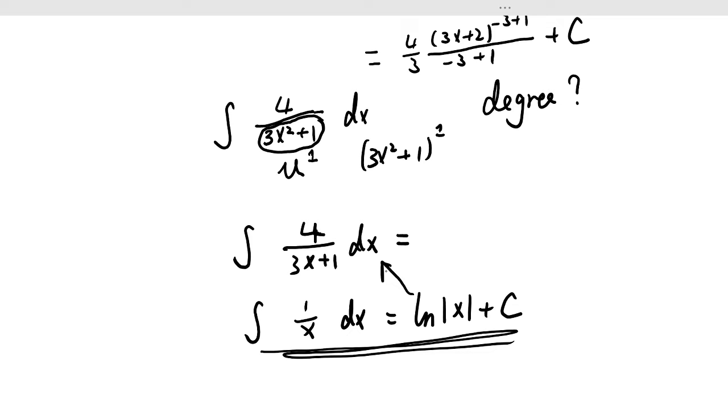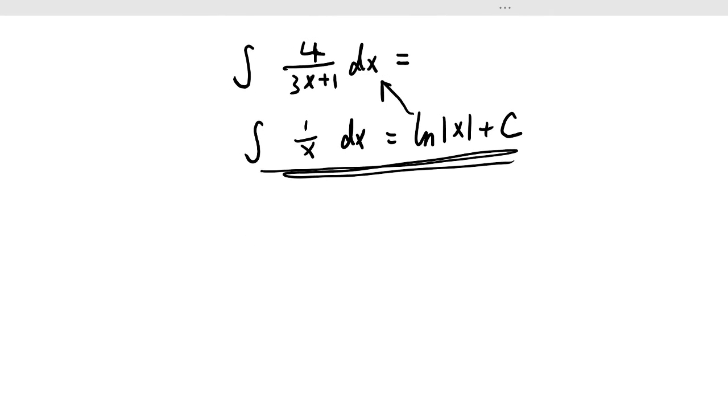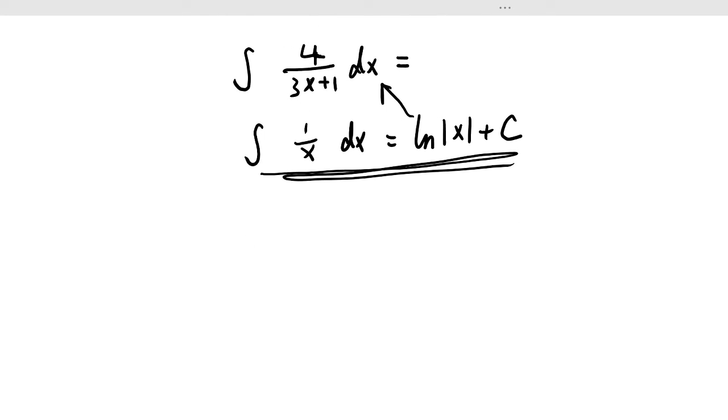So now we are dealing with a problem whose denominator is not x. It's 3x plus 1. So we have to think about something we learned before. When the base becomes a u, we now have 1 over u.